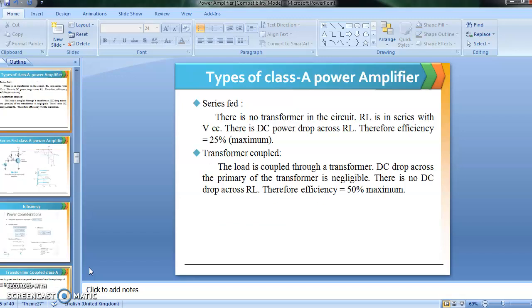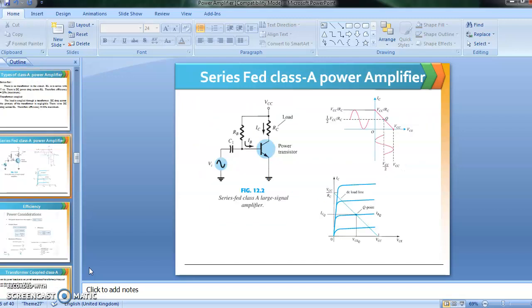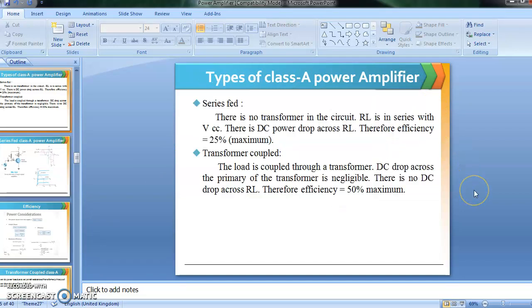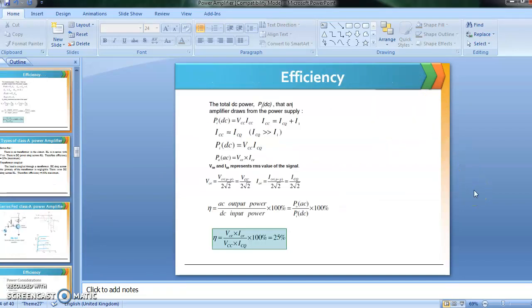See the diagram. So here the maximum value of VCE is equal to VCC. So VCE is equal to VCC divided by 2 square root 2. Same like, ICE is equal to ICQ divided by 2 square root 2.